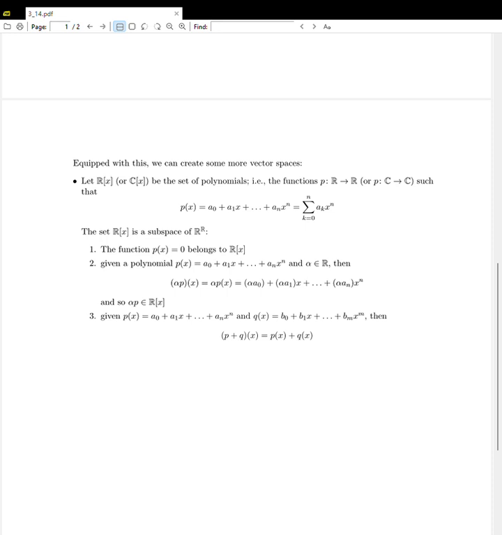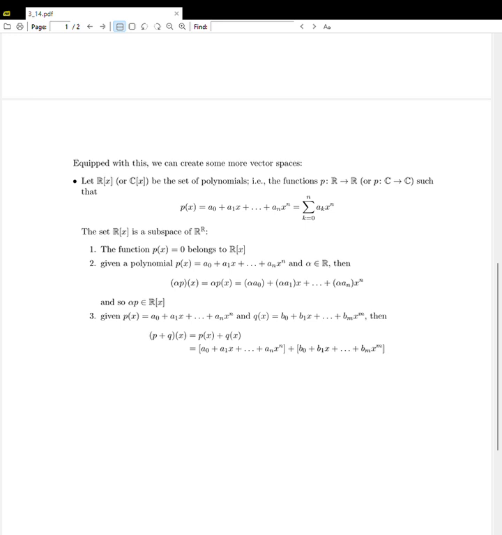Alright, so when we add these up and look at them, p of x's output is that, and q of x's output is this. Now, n and m are potentially different from each other. However, there is a maximum between these two, right? One of these is bigger than the other.